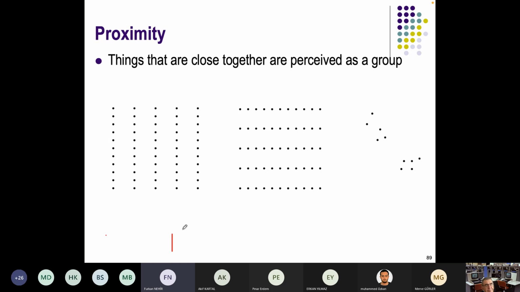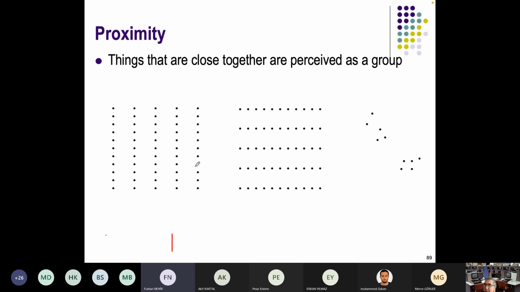Bunch of dots. These dots are perceived as a group because some of them are closer to each other than others.